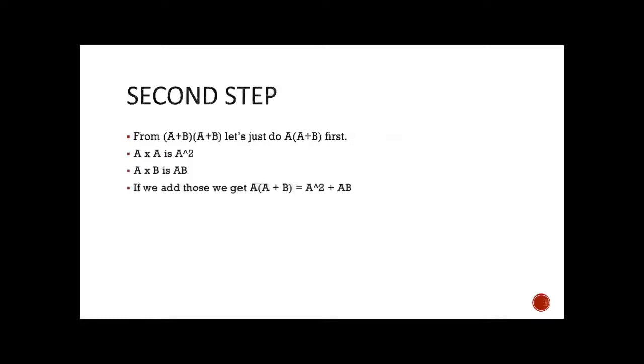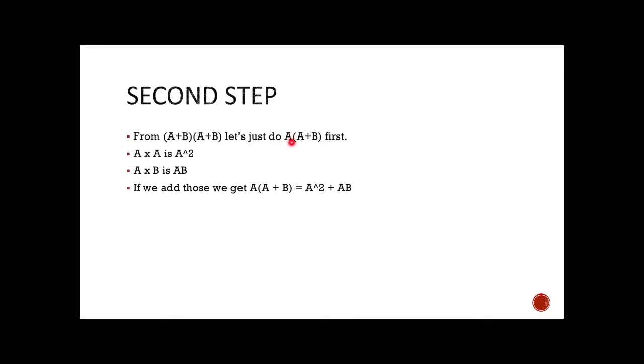So a times a is a squared. a times b is ab. If we add those, we get a squared plus ab. Let me explain. If we have something outside, we have to multiply what's inside.